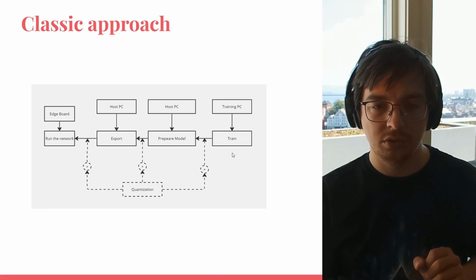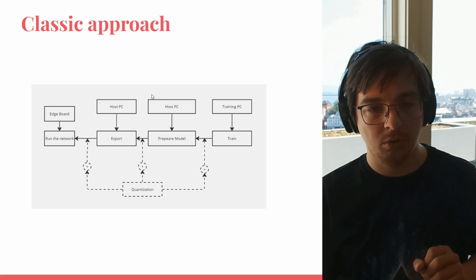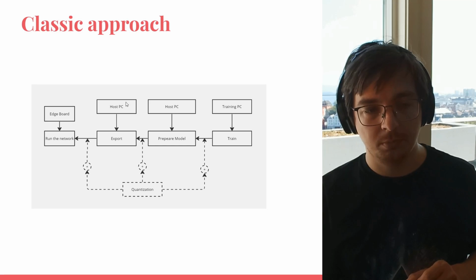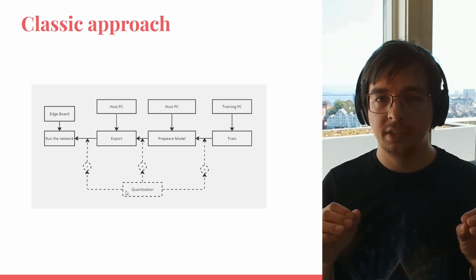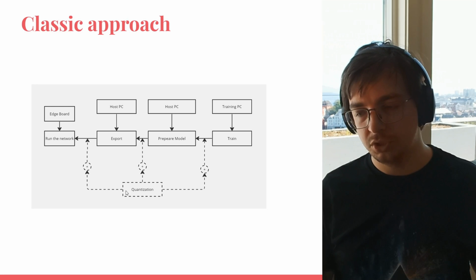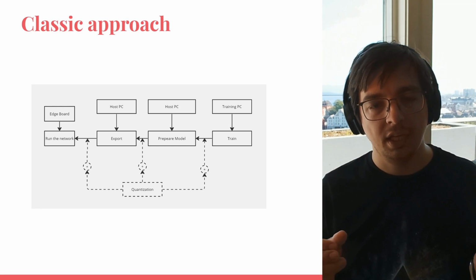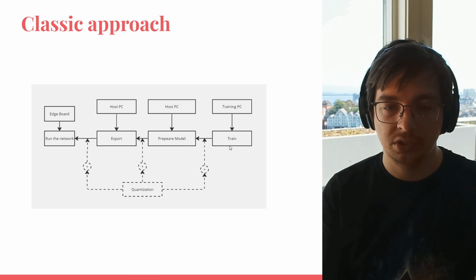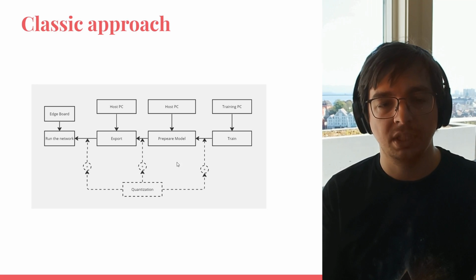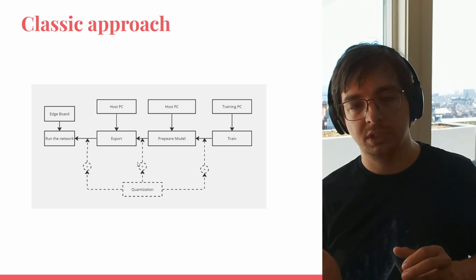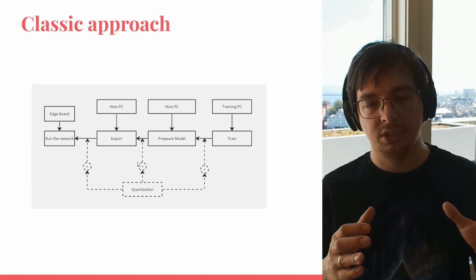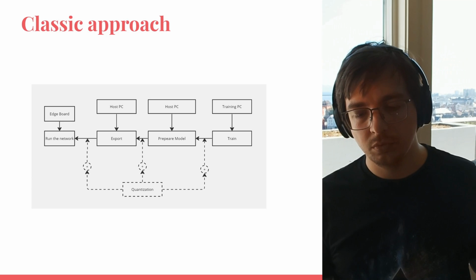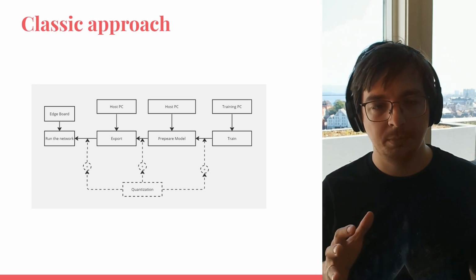Here is how this classic approach looks. You train your model, you prepare your model to make it compatible with your NPU chip, and you export your model. Usually, for 80% of NPU chips, quantization is required. And this quantization can actually be at different levels. It can be quantization-aware training during your training. It can be post-training quantization, where you quantize with a big list of data before you prepare your model.